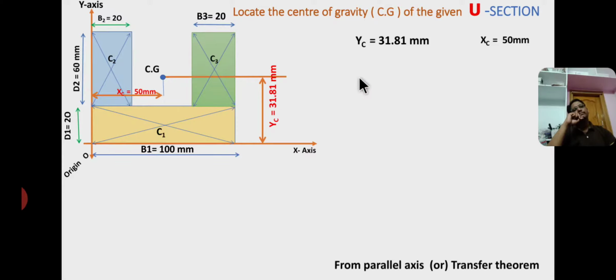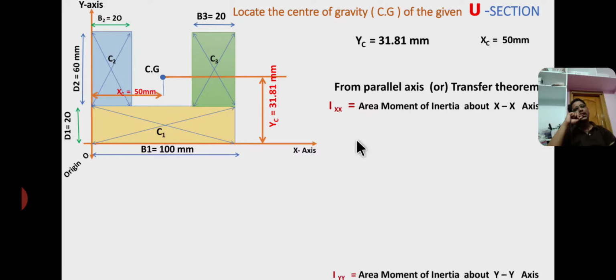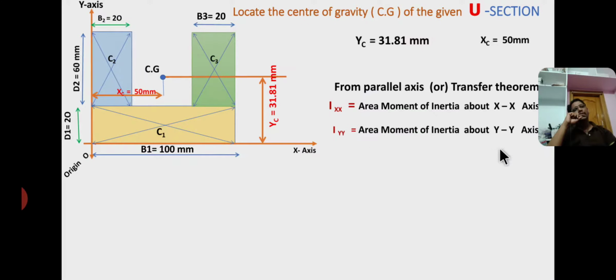Now I am going to determine the value of area moment of inertia about the base and side edge. From the parallel axis theorem, Ixx is the area moment of inertia about the x axis, and Iyy is the area moment of inertia about the y axis.